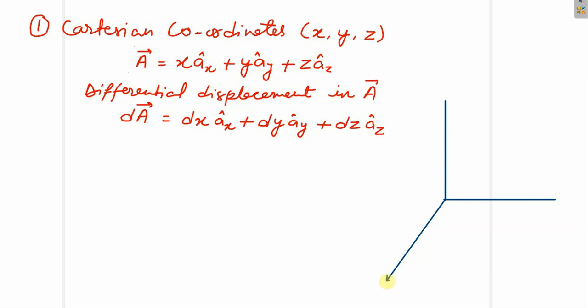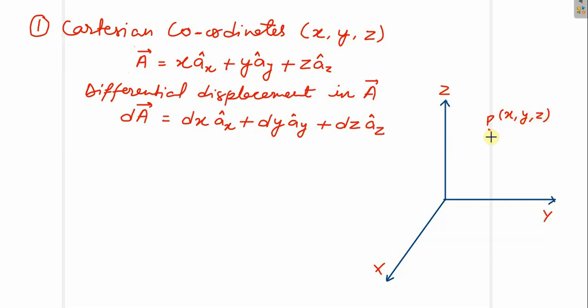This can be named the x-axis, this one is your y-axis, and this one is your z-axis. Now let's say any point P is represented, and the coordinates of point P are again x, y and z.